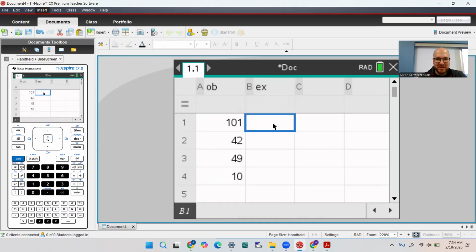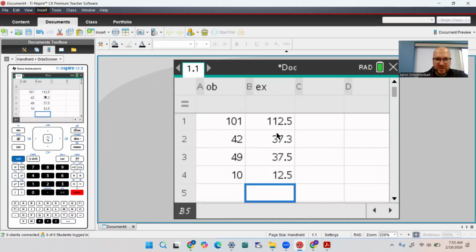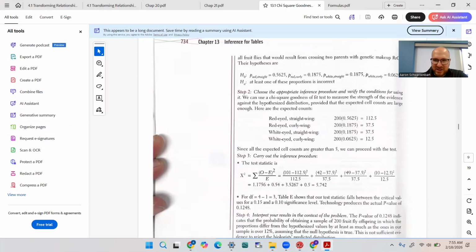And then I do an expected column. I'm going to double check that those values are correct.